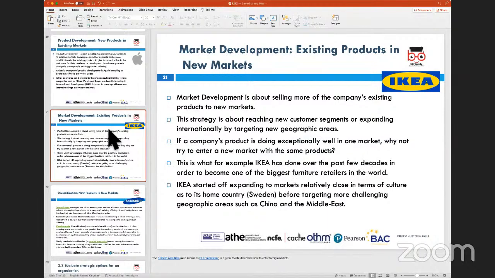But let's take another example like IKEA. The furniture retailing market is a very different type of market. But IKEA came with the concept of DIY, do it yourself. They introduced a revolutionary approach in the furniture market by introducing products which could be assembled by customers themselves.